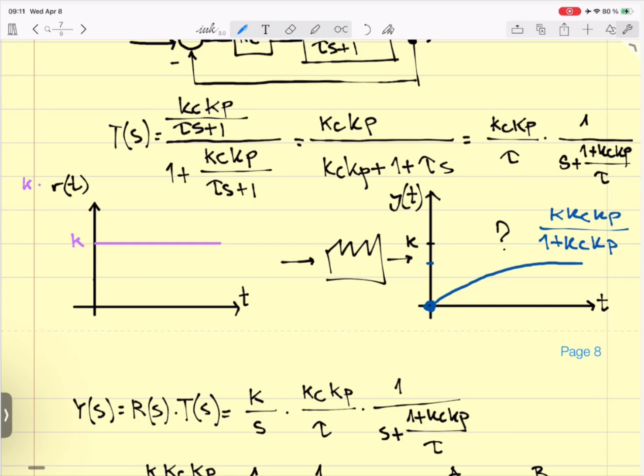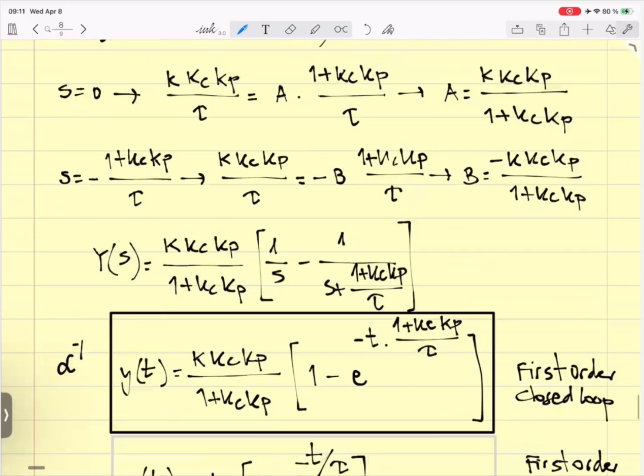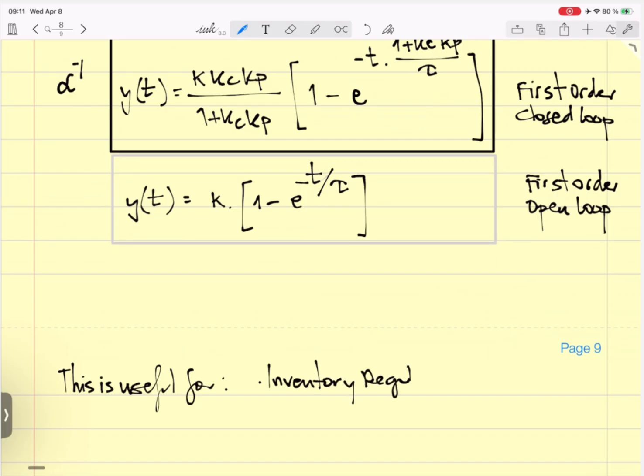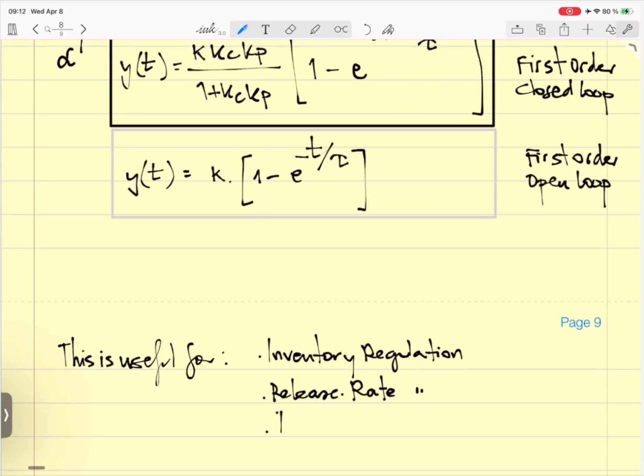Why do logistics engineers care? Okay. This is useful for inventory regulation. This is useful for release rate regulation. This is useful for backlog reduction.